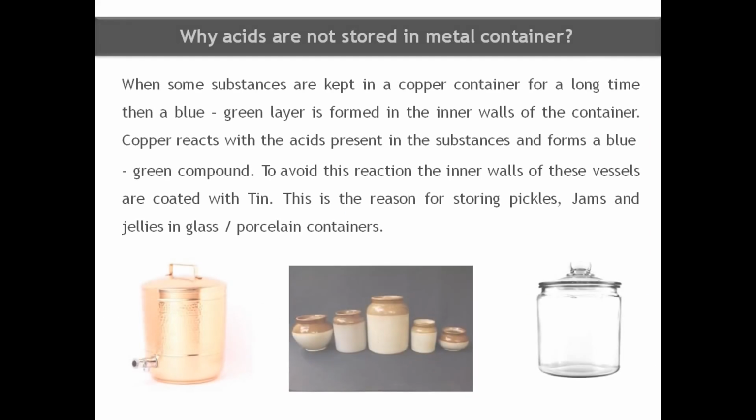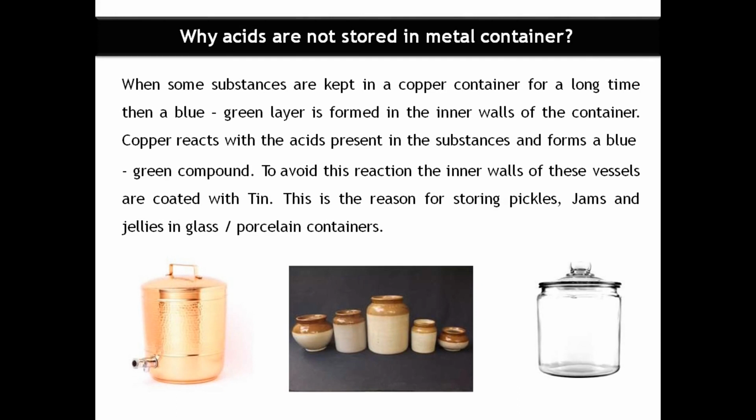We should not store acidic substances in metal containers made up of brass and copper. Why? When some substances are kept in a copper container for a long time, then a blue-green layer is formed in the inner walls of the container.